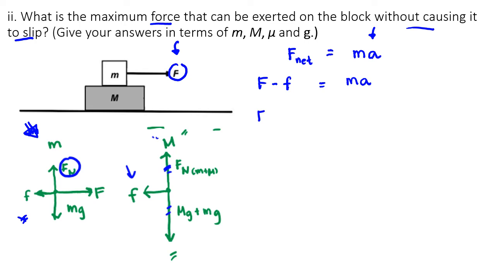Now expanding this, we have F minus friction, and our friction is mu multiplied by the normal force, is equal to ma. Again, this normal force right here is the normal force that is associated with the friction. So in fact, this is the normal force exerted by the surface at which friction is existing, and in that case it is this surface right here.